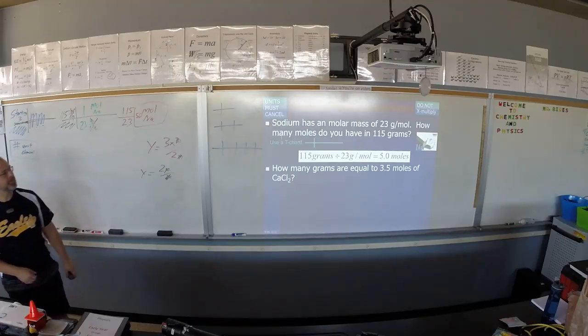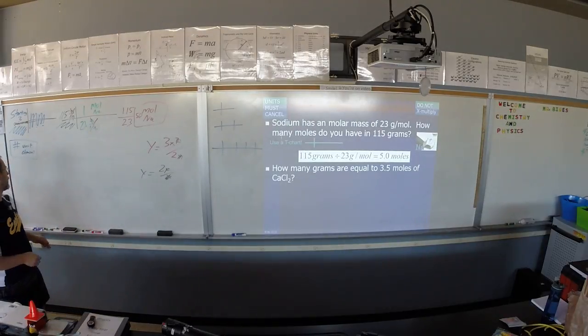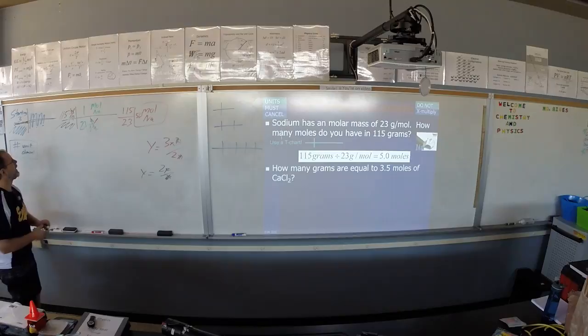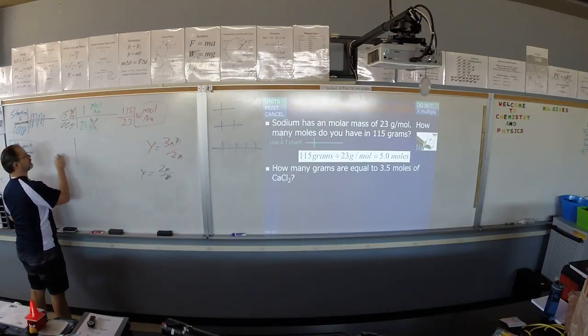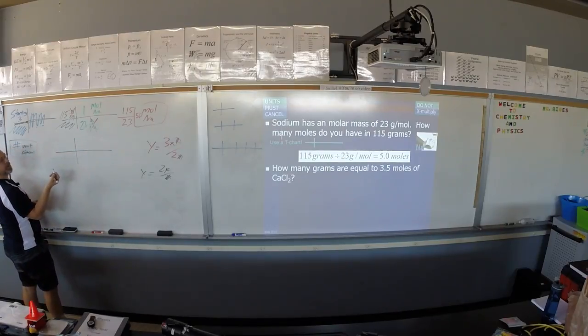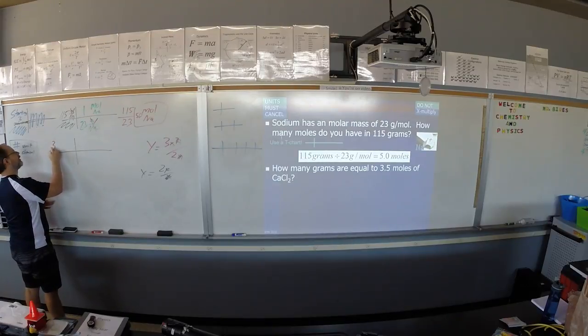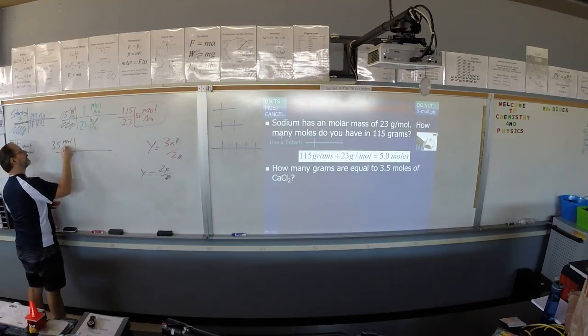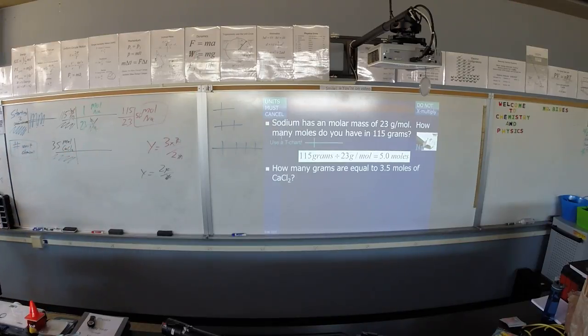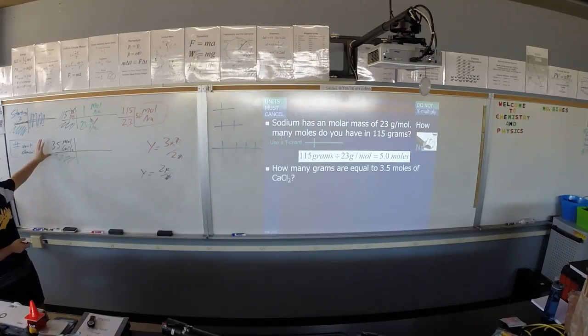All right, so how many grams are equal to 3.5 moles of calcium chloride? So again, make our T-chart. Now we're doing a little bit different, where we're actually starting with 3.5 moles of calcium chloride. We're starting with moles this time. So I've written my T-chart, I've written down my starting 3.5.